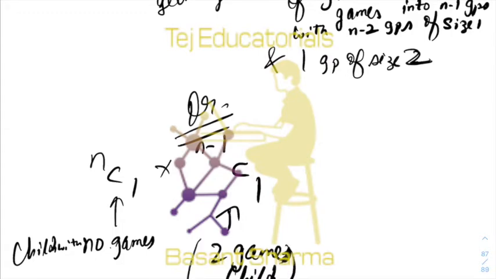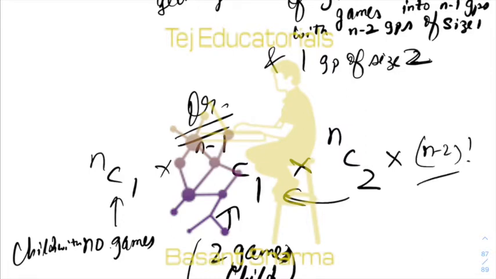Then out of n games, select the 2 games you want to give to this child. And the remaining n minus 2 games you can distribute amongst n minus 2 children in n minus 2 factorial ways. So this is another way of looking at it.